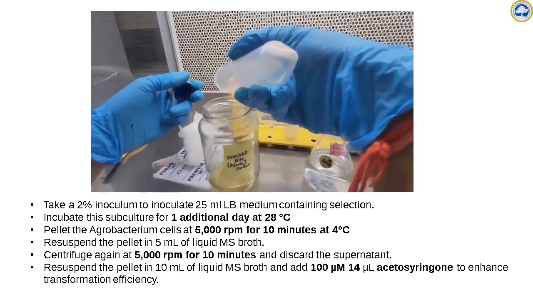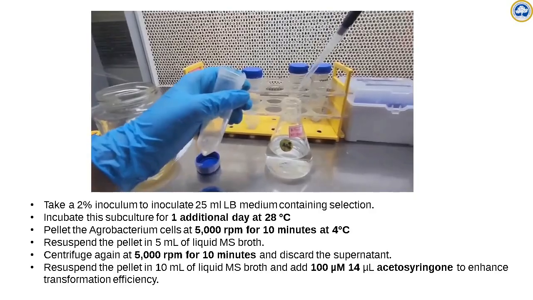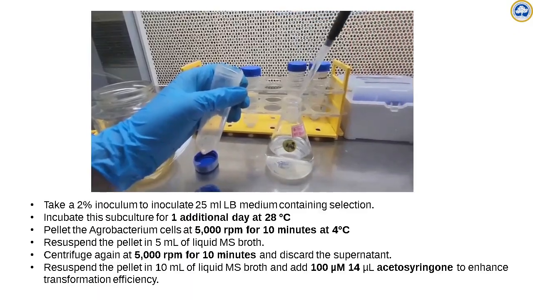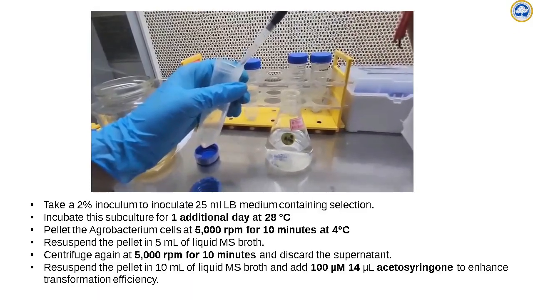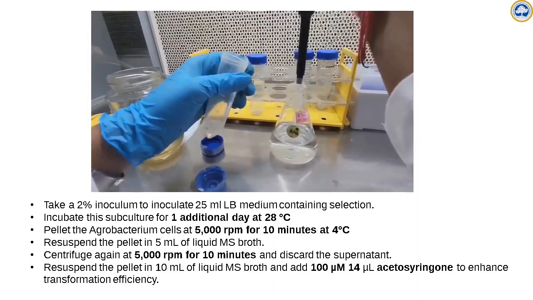We add the phenolic acetosyringone, approximately 150 micromolar, to this MS resuspended cells, and this is the culture that we use for infecting the onion epidermal cells.